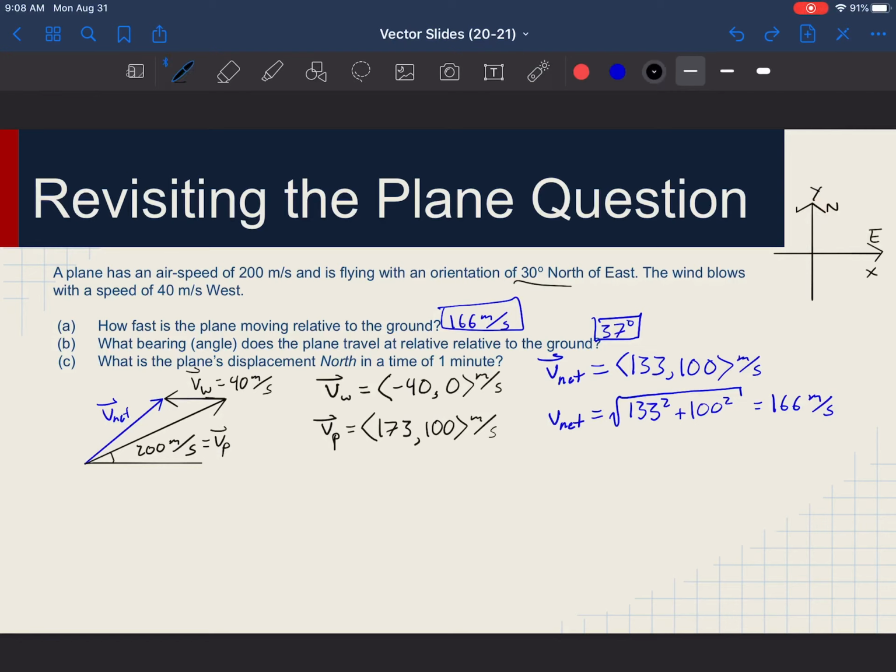If we want to think about the plane's motion just in the y direction, I could write an equation that looks like this. V in the y direction is equal to displacement in y over time.